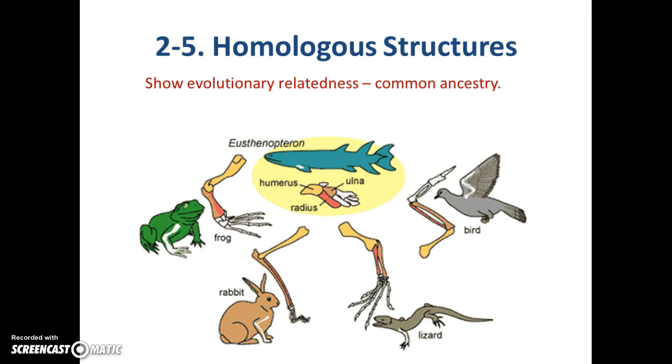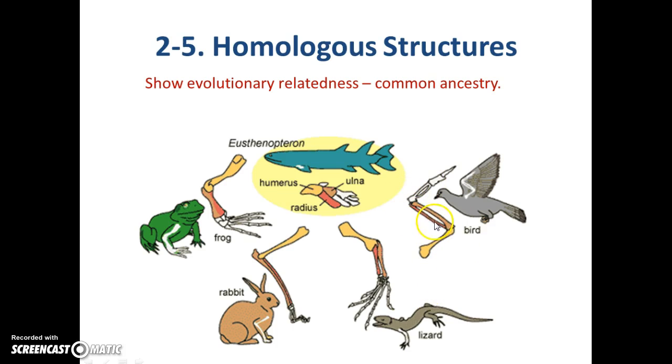It shows common ancestry because the structures are similar but maybe have different functions depending on the environment, and they're coming from the same evolutionary tree. So if you look at this picture, for instance, you've got fish, birds, reptiles, mammals, and amphibians. All of them have the same bones found in their forelimb, although the bones have a different shape depending on what the structure of the forelimb is that they're using it for.